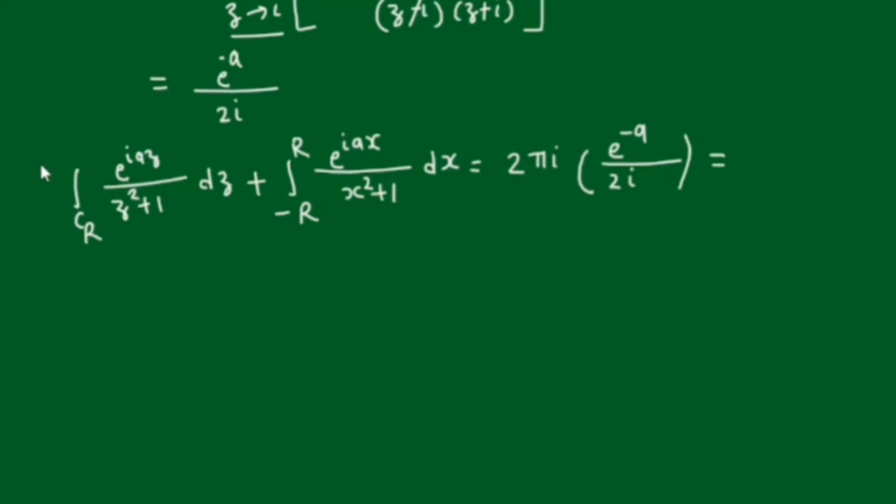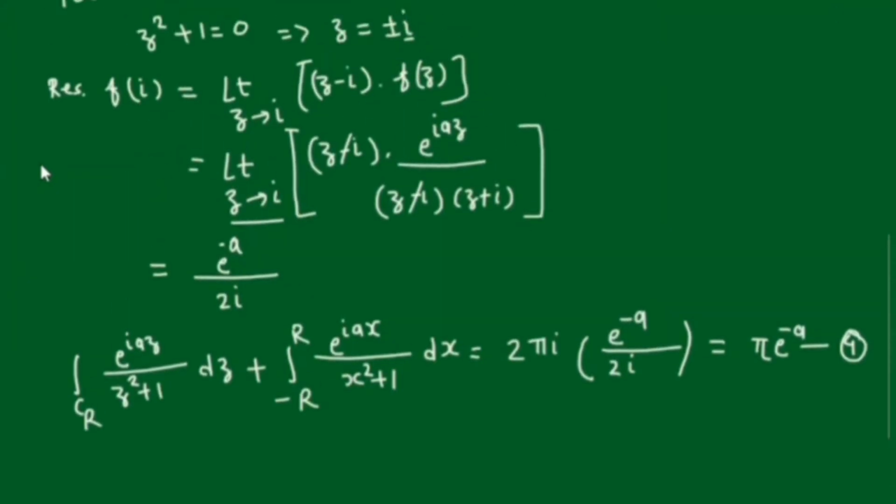And after solving we will get pi into e to the power minus a. It is equation number 4.